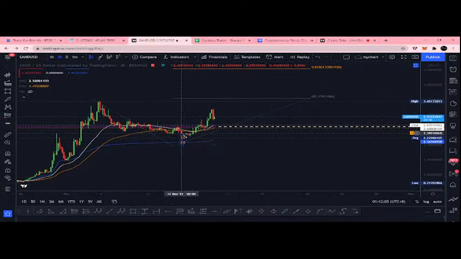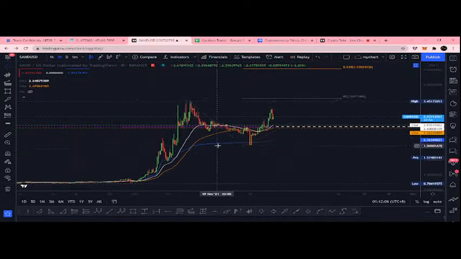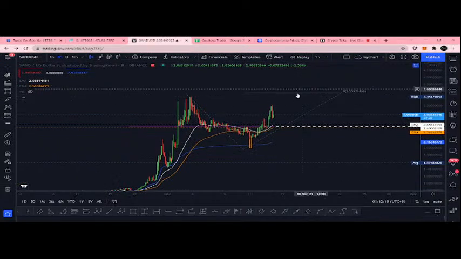So here is the doji. It holds at the VWAP, a golden cross, a breakout to the point of control. So I think it might also retest the all-time high, which is 3.45.